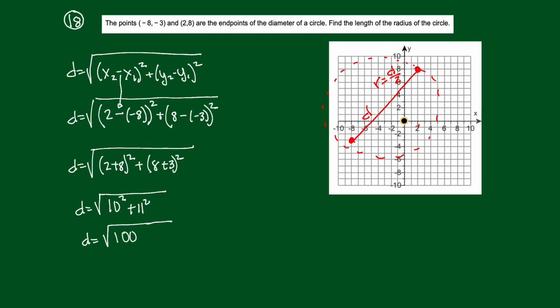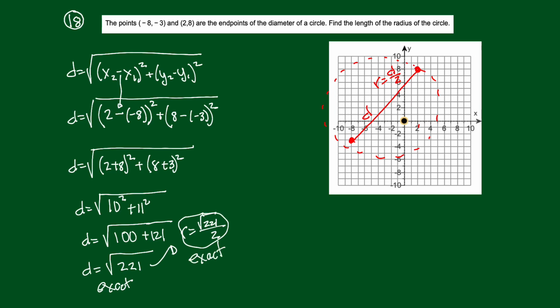Now 11 squared, I happen to know that one. That is 121. So the distance is going to be the square root of, you add those two together, we get 221. Now this is the exact value. That would mean that the radius is equal to square root of 221 divided by 2. All right, there's the exact value of the radius.